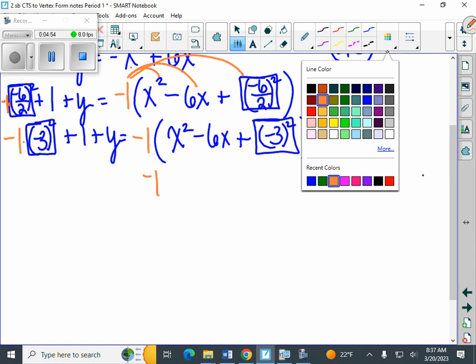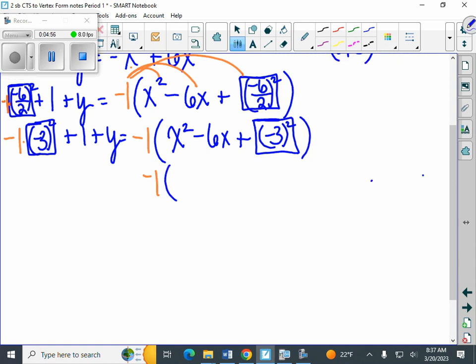In an effort to avoid splitting the middle, I have it set up in this format. x squared is x times x. Negative 3 squared is negative 3 times negative 3. The negative 6x is hidden in these two parentheses, in case you're wondering.